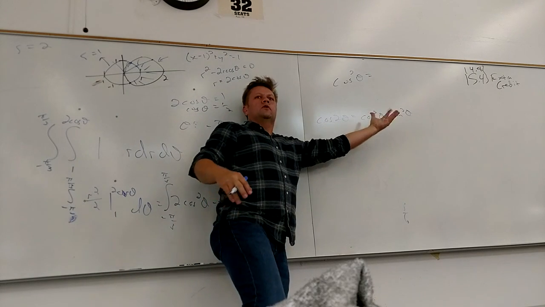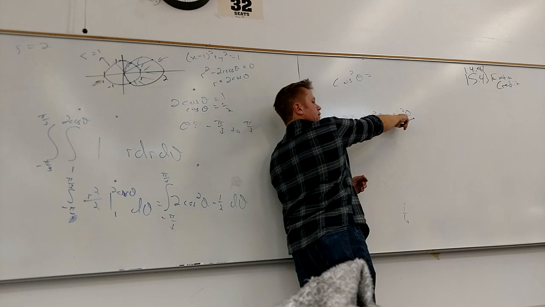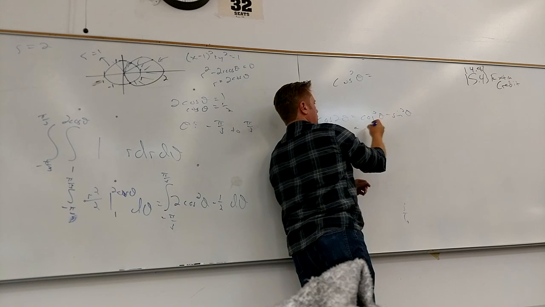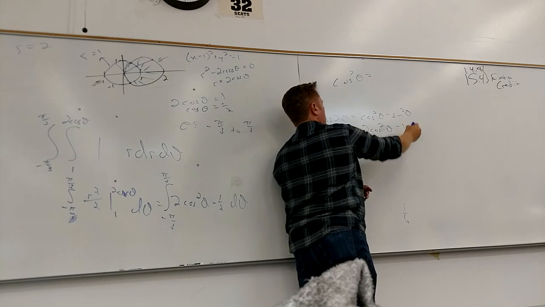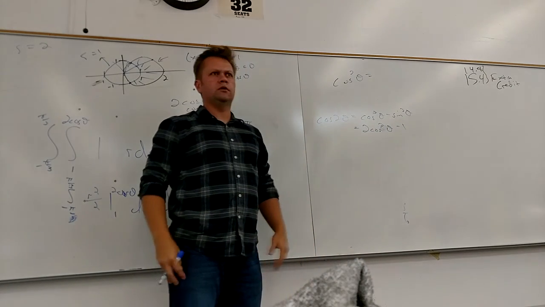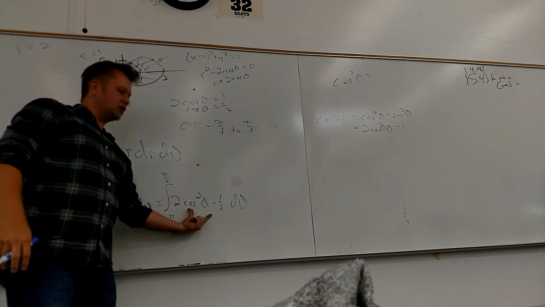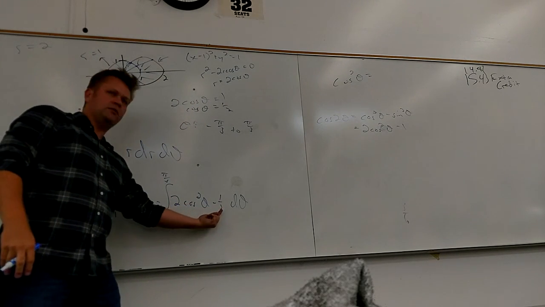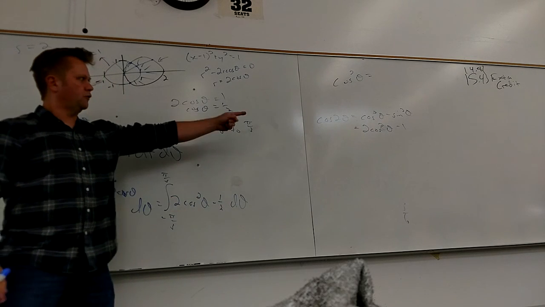Cosine squared minus sine squared, and then you might realize that you can make this 1 minus cosine squared, so you actually get 2 cosine squared theta minus 1, which is almost what this is. So you can just make this 2 cosine squared theta minus 1 plus a half. You see what I'm saying? And it would perfectly match up.